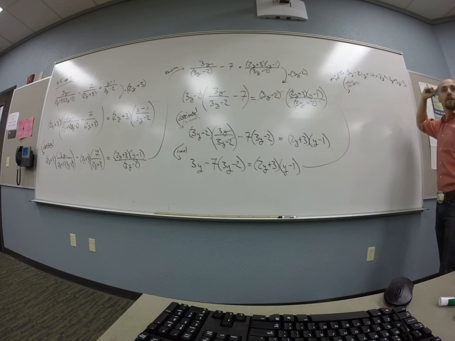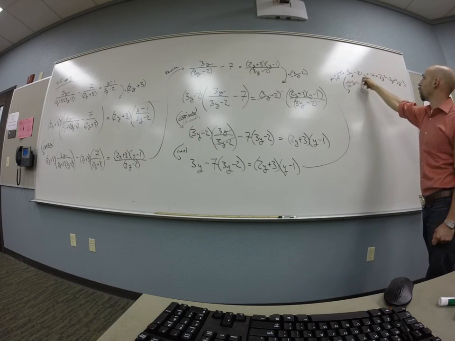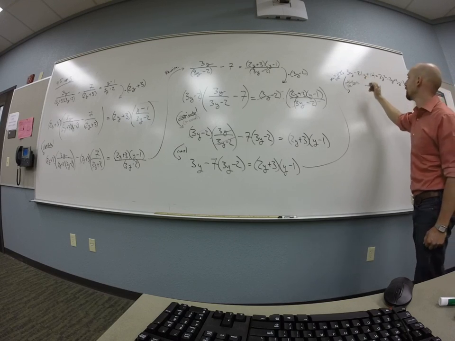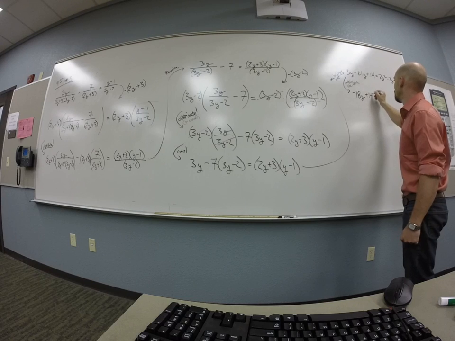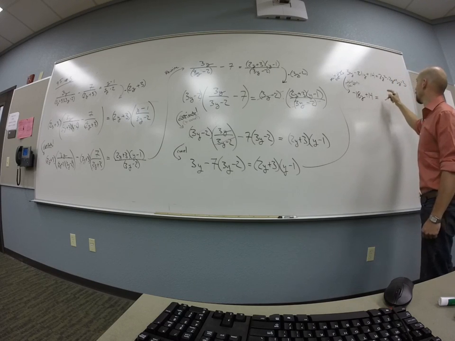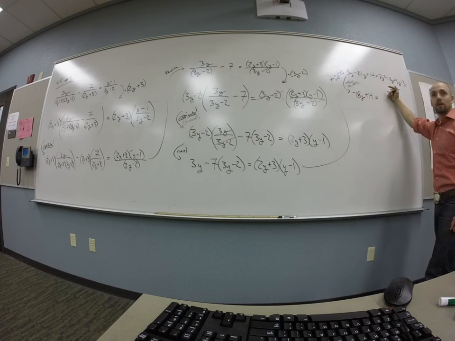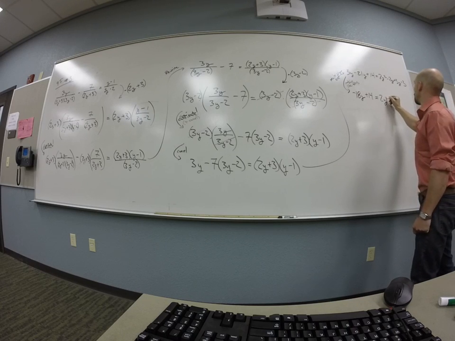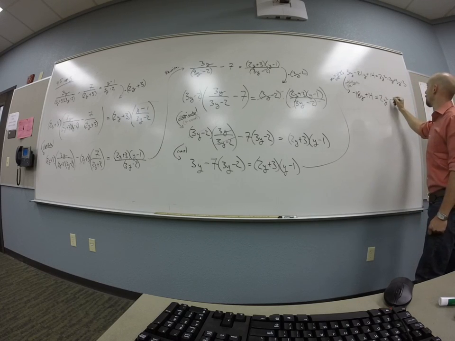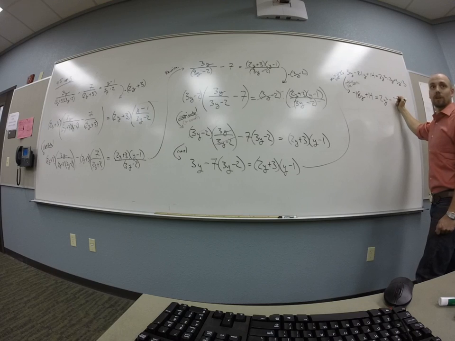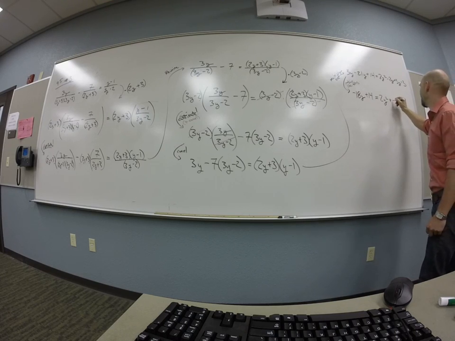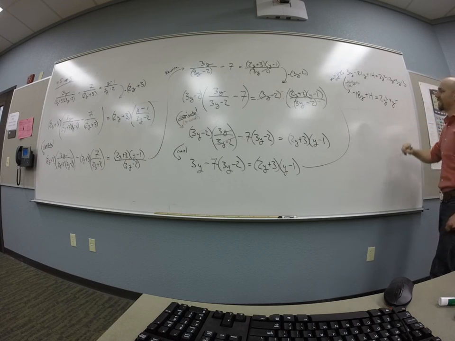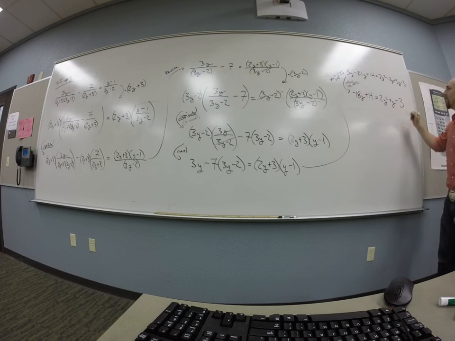Here I can get the y's together, right? So I've got minus 18y plus 14 equals 2y squared, minus 1, plus 5... is it plus or minus, guys? Plus, good. Minus 3. Okay, what kind of problem am I in?